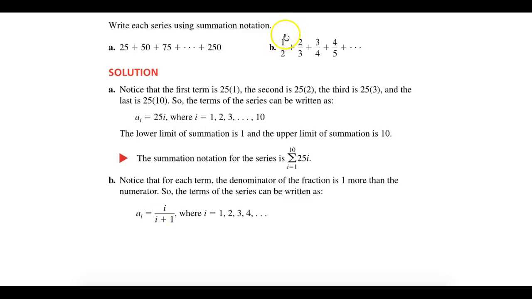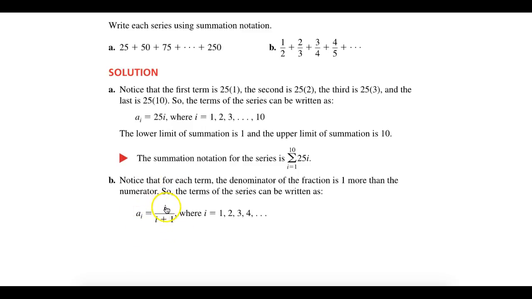If we start out with I equals 1, we've got I over I plus 1. For our second term, we have I over I plus 1 when I equals 2, plus I over I plus 1 when I equals 3, and so forth. So again, when you start I at 1 and you count up, this gives us a good rule right here.